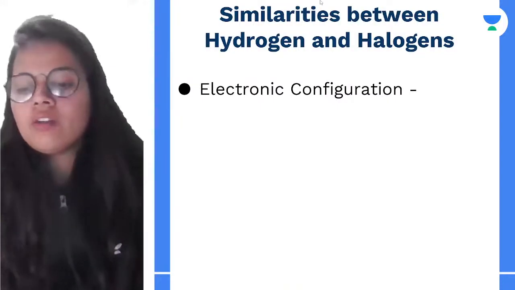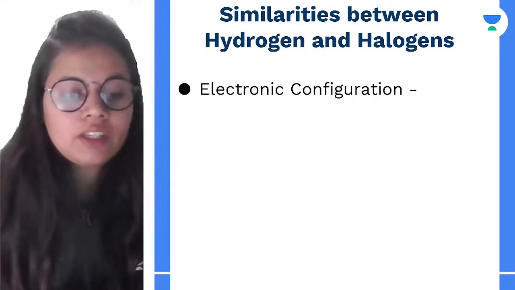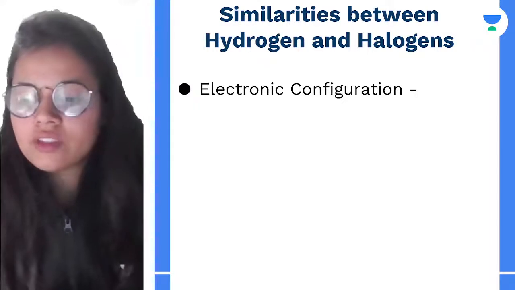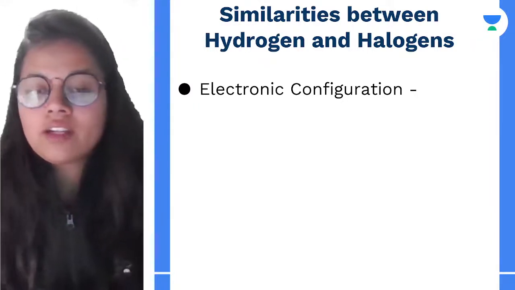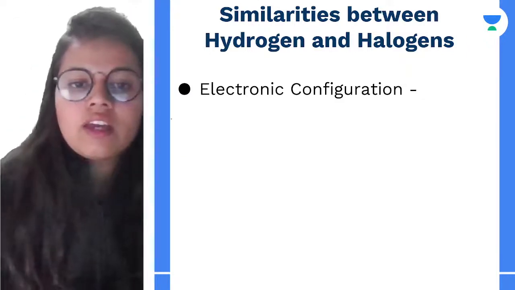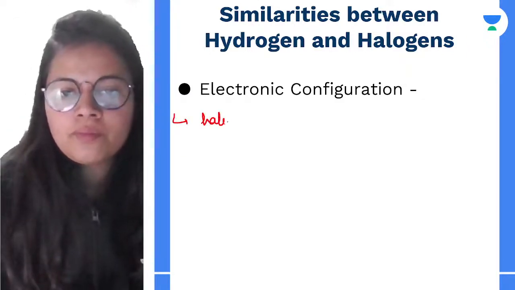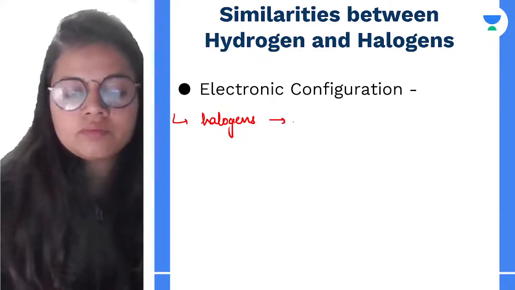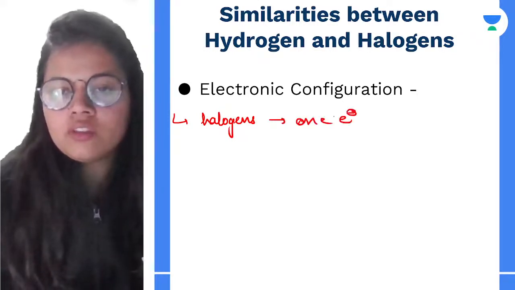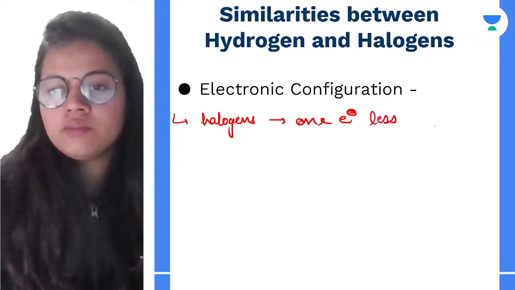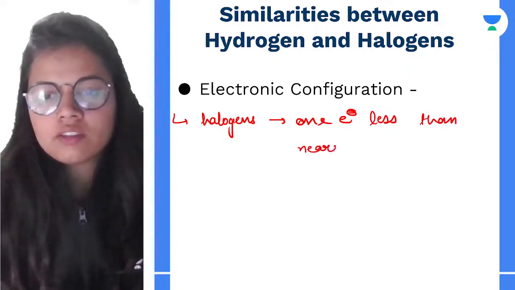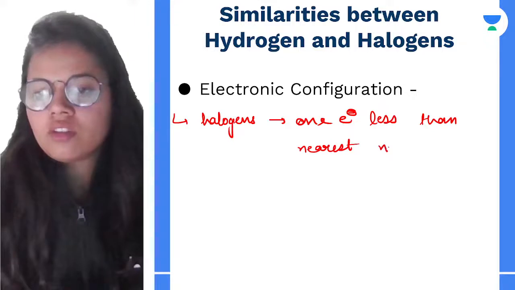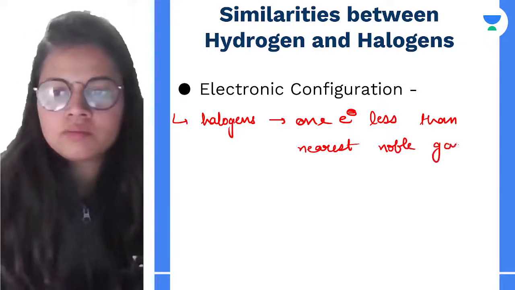Now talking about the similarity between hydrogen and halogen. Talking about halogens, what is the electronic configuration? They have one electron less than the nearest inert gas or noble gas.